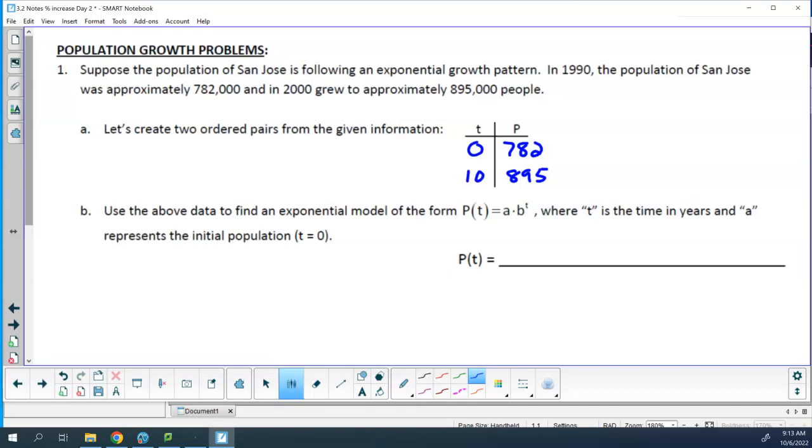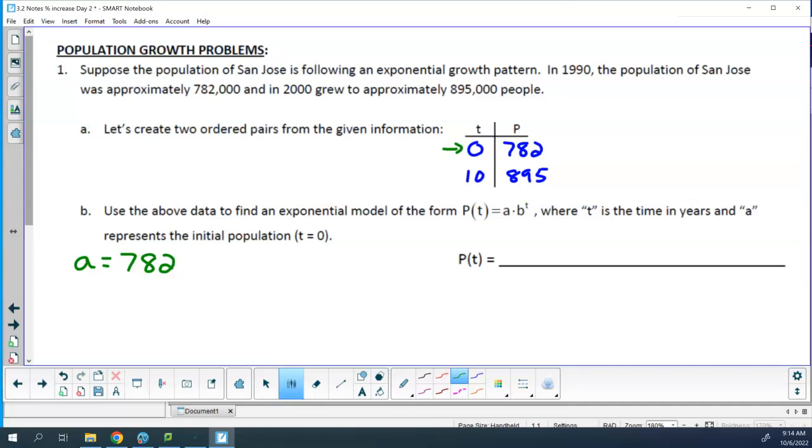If so, what is it? 782, right? Because A is defined as the initial population when t equals 0, and we set t equal to 0 right there. So A here would be 782. We just need to find B.